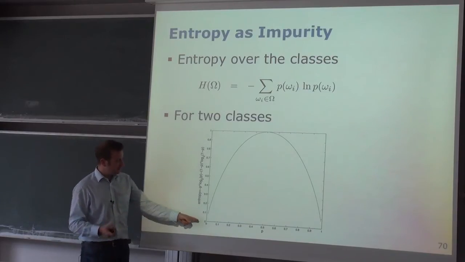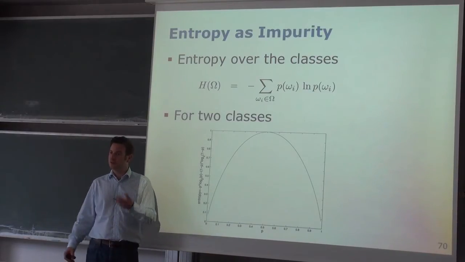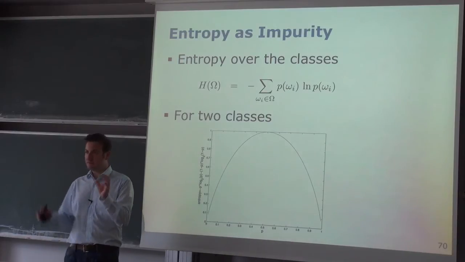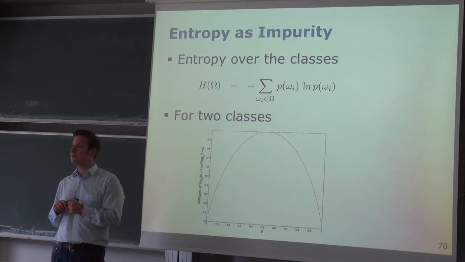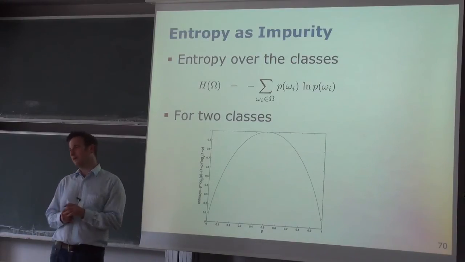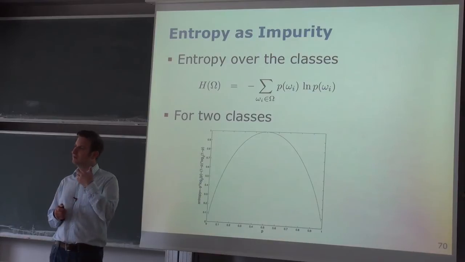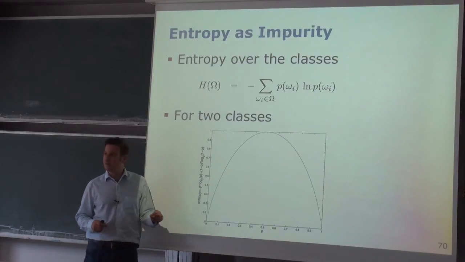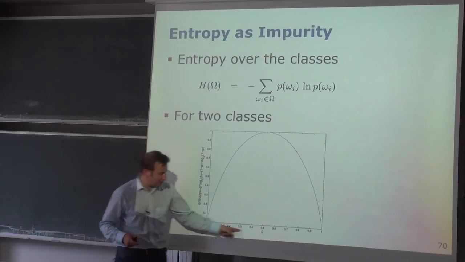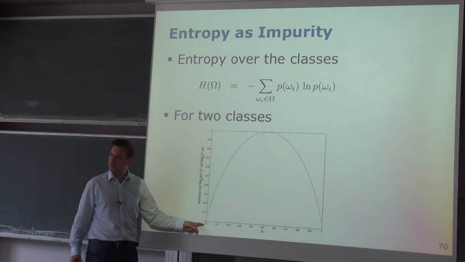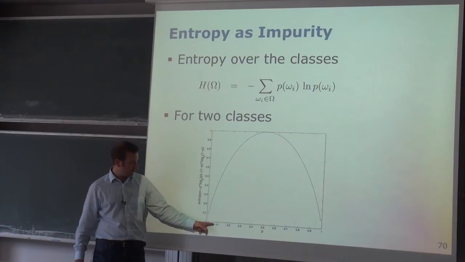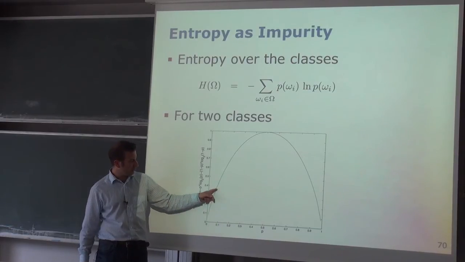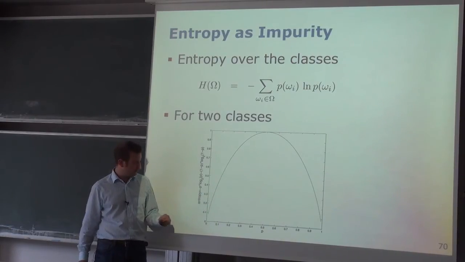Okay, so let's see here. Let's say we have 100 elements in my current area, and 10 out of these 100 elements belong to class number 1. That means the probability of the first class is 10%, the other is 90%. What I plotted here is the probability of the first class. So if the probability of the first class is 10%, 0.1, I will get this entropy value.